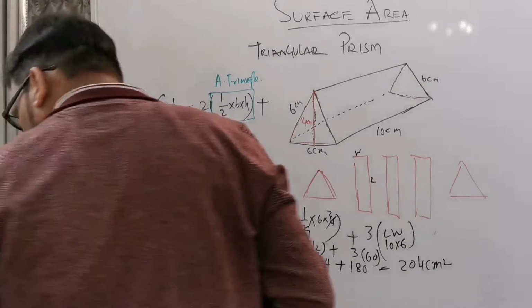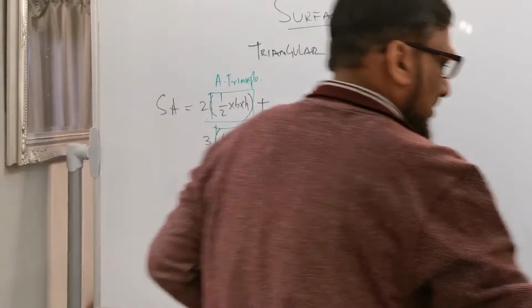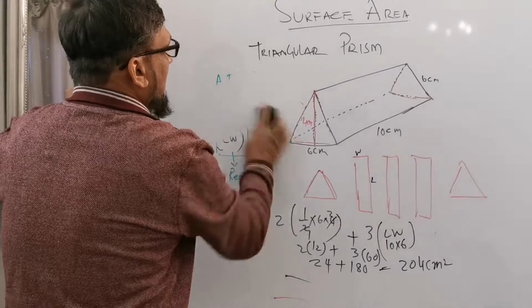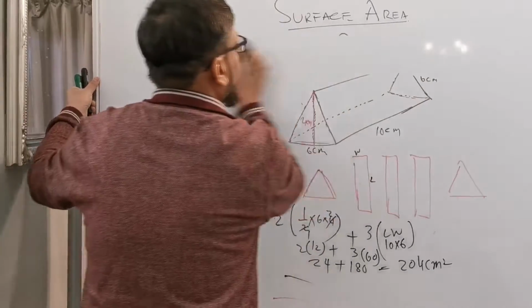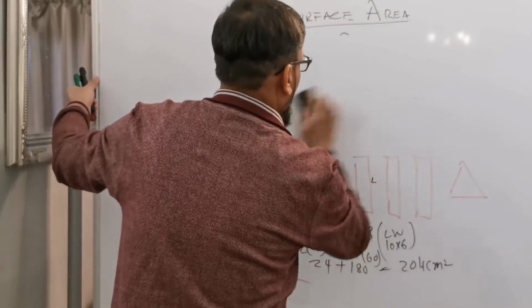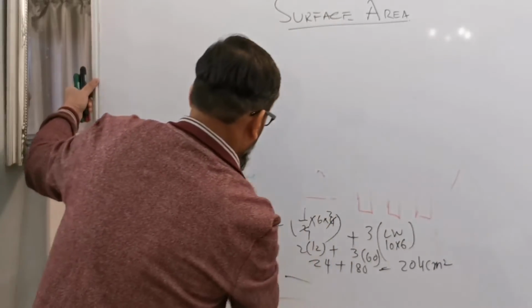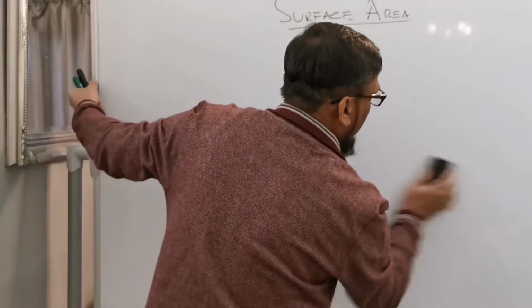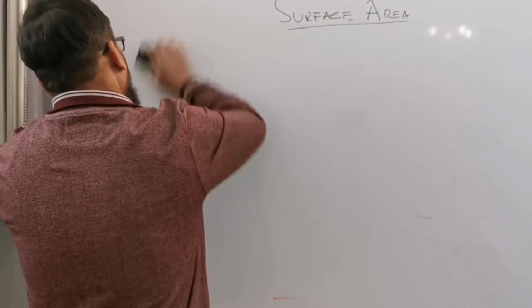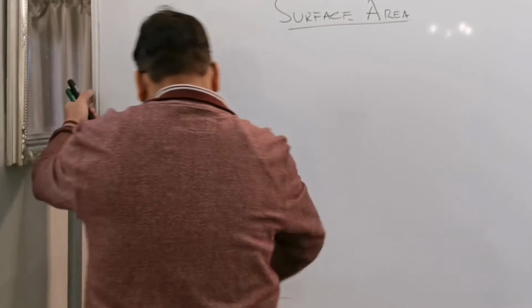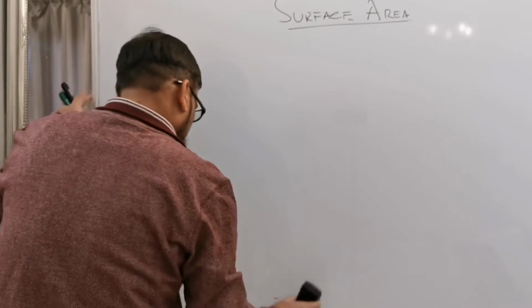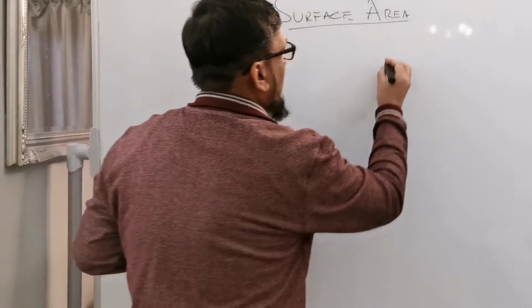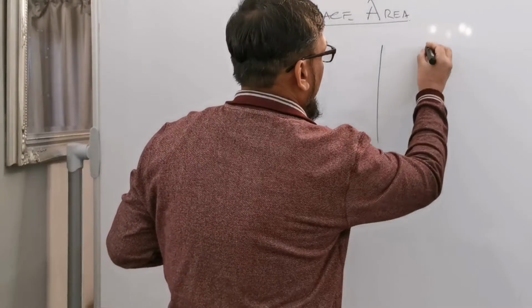Now I'm going to move quickly to surface area for cylinder. So very simple, surface area for cylinder. You know about the area of circle.